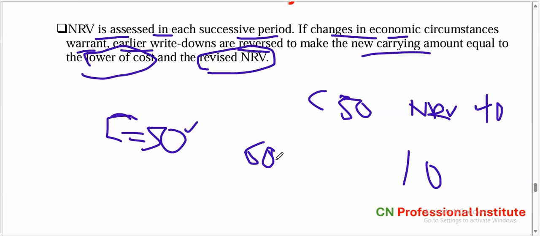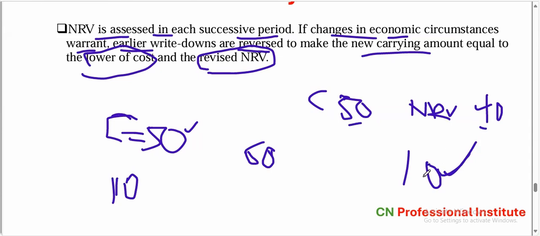So the cost was 50, the revised NRV was 60. We compare the lower, so we are going to record 50 now as the cost of the inventory in our books, not the previous 40. Now, you see, there will be a reversal of 10. Are you following? Previously we recorded 10 as write down, the difference between the 50 and the 40.